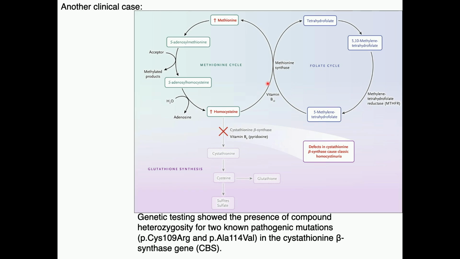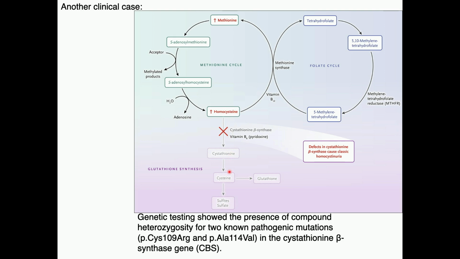In this case, the patient's condition was caused by an inherited mutation, not in the methionine cycle, but in that alternative pathway by which homocysteine can be converted into cysteine.